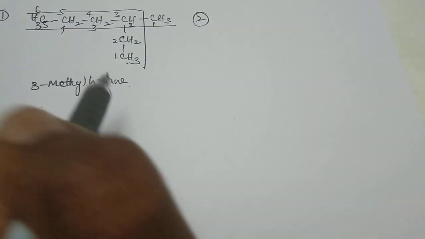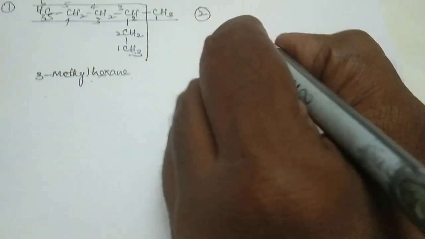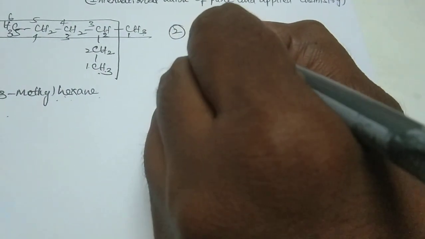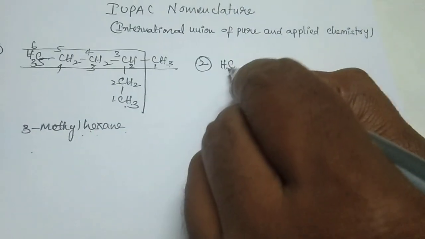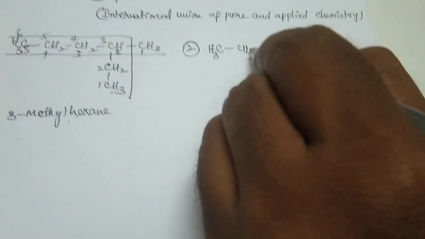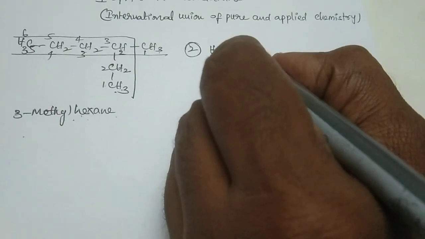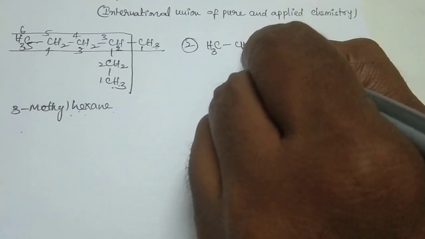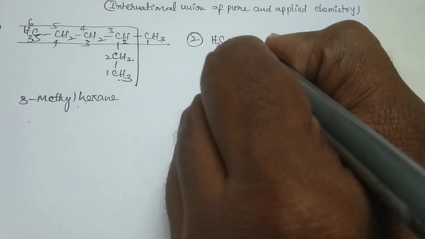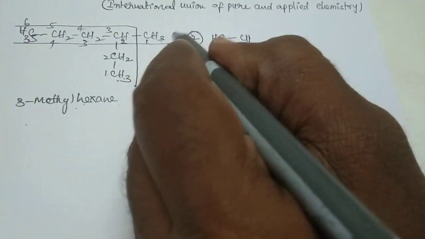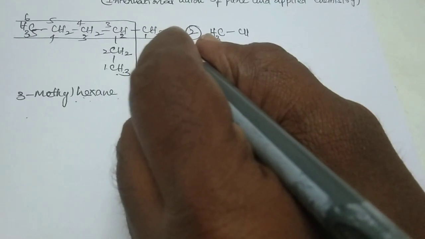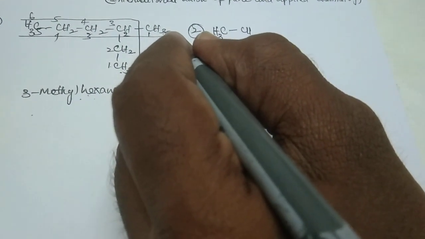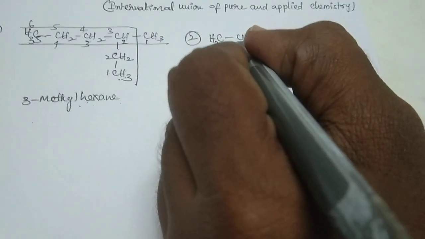Next, if more substitutions are present on the carbon chain and they are identical, you have to write the numbers of the carbons on which the substitutions are present, separated by commas, and you have to write di, tri, tetra based on how many substitutions are present on the carbon chain.